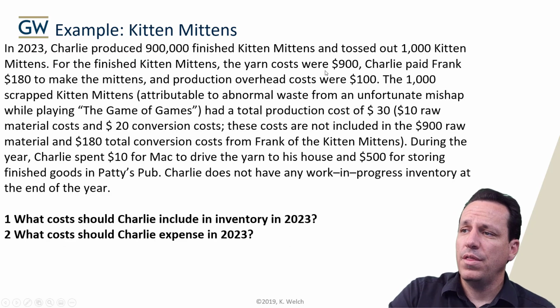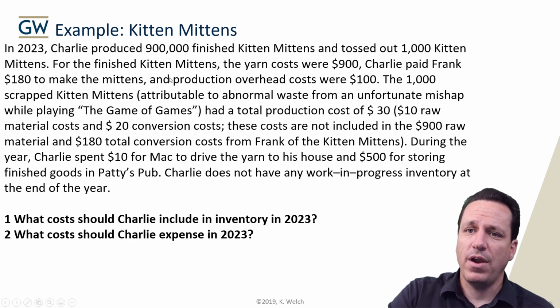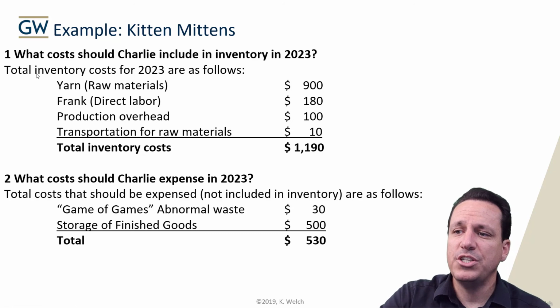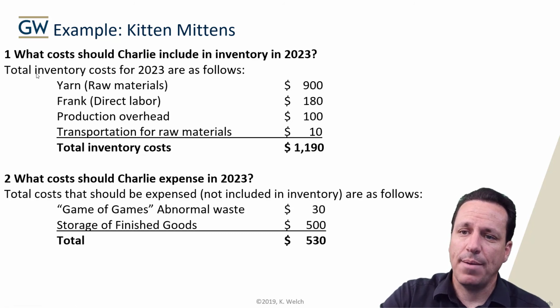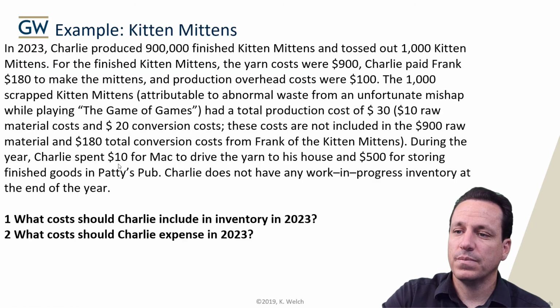So the yarn costs were here, production overhead costs here, and then we paid Frank $180 here to make the mittens. The transportation of raw materials we capitalized. During the year, Charlie spent $10 for Mac to drive the yarn to his house and $500 for storing the finished goods. So we spent that $10 for Mac to drive the yarn to his house.